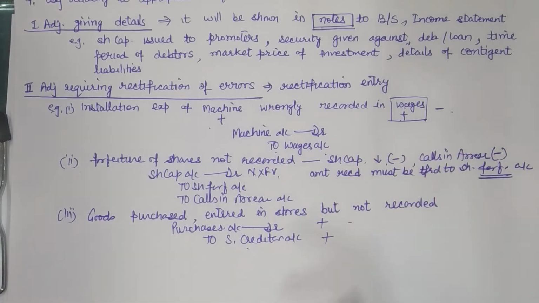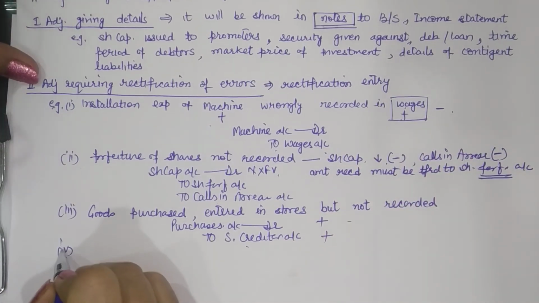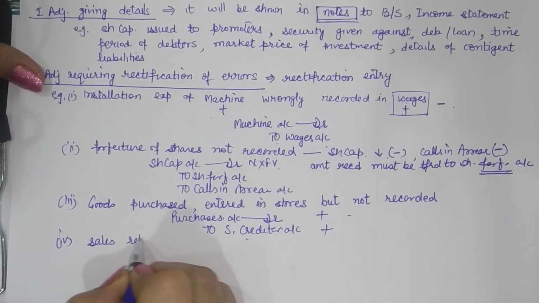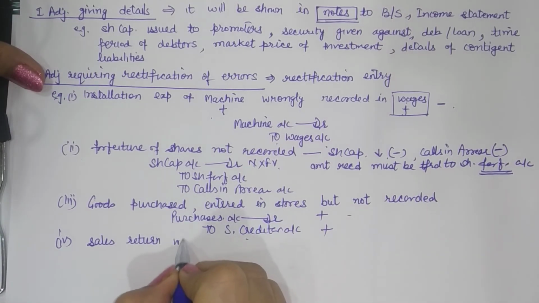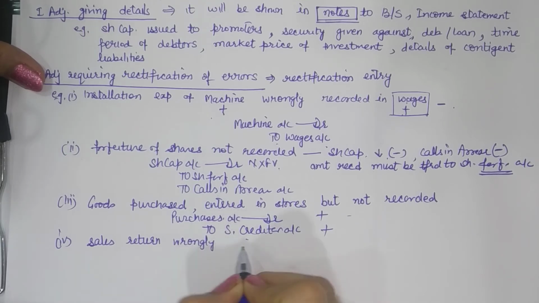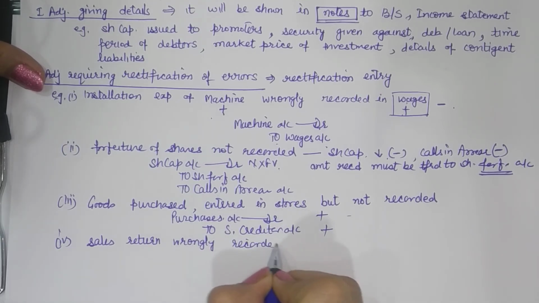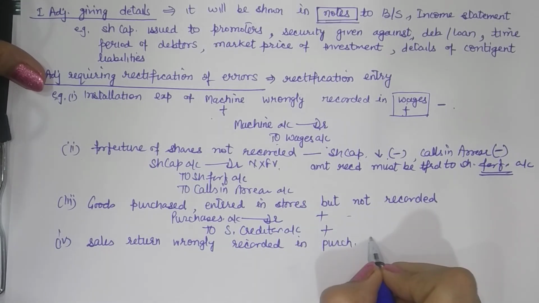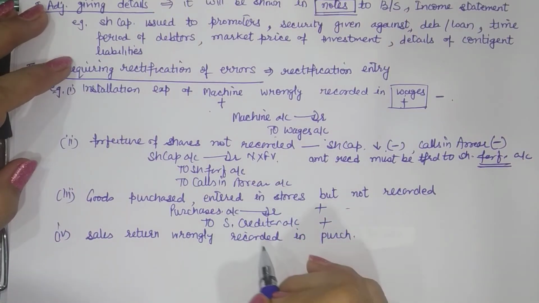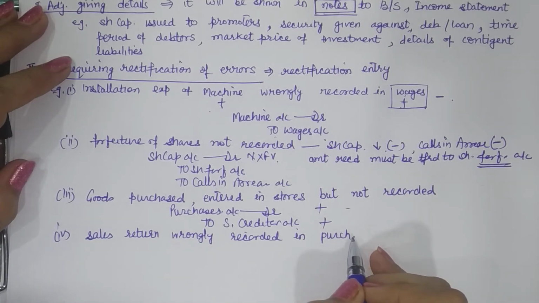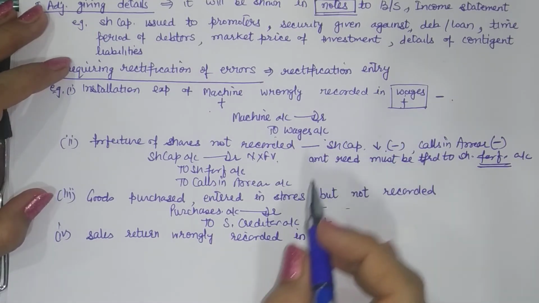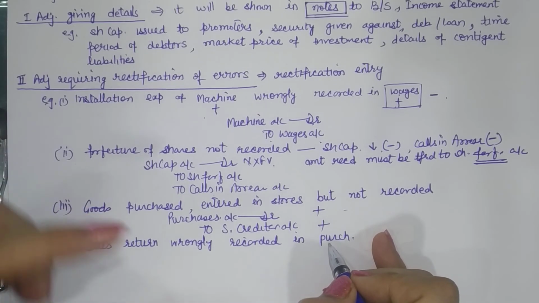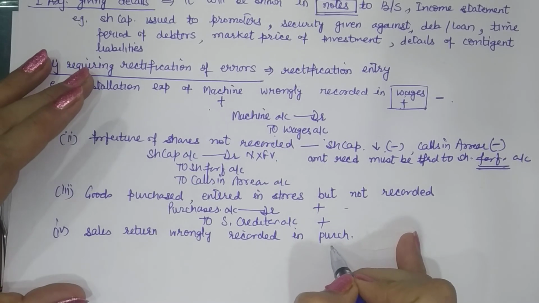Now let us take up a few more examples. Suppose we have sales return wrongly recorded in purchases. Now the effect is that you have entered them in purchases, so your purchases have increased, but they should be reduced.